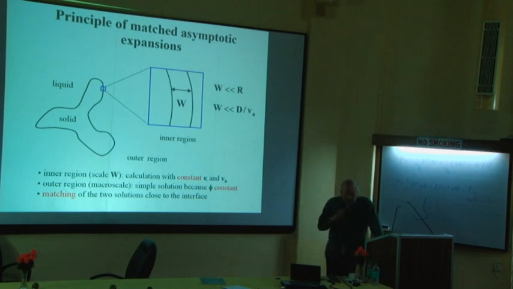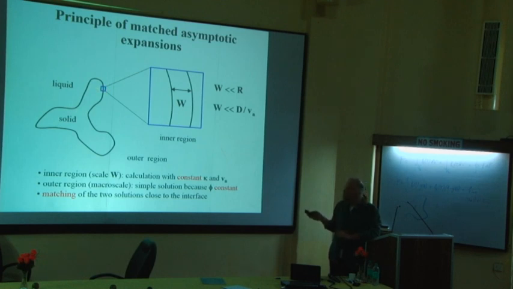So what you do is the same thing that in mechanics you sometimes call boundary layer calculation. You analyze your problem on two different scales. One, you place yourself at what is called the outer scale. In the outer scale, you forget about the phase field, you solve the diffusion equation.